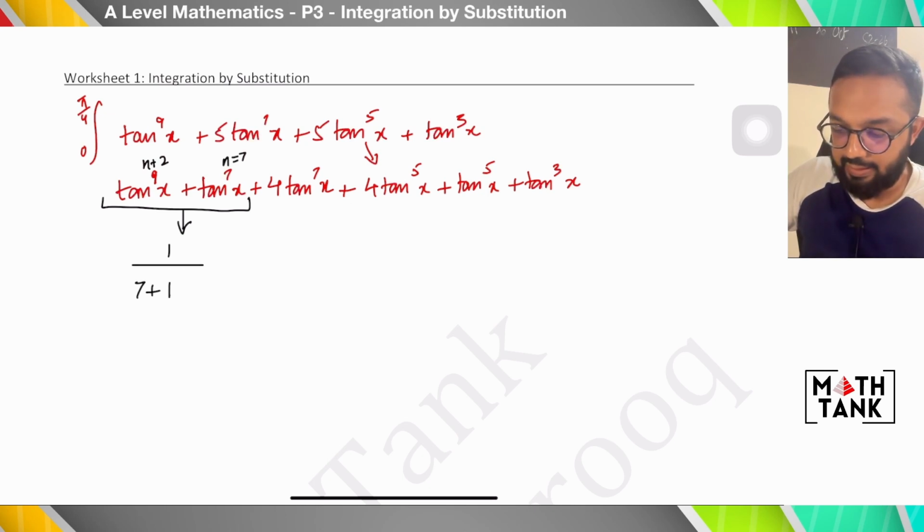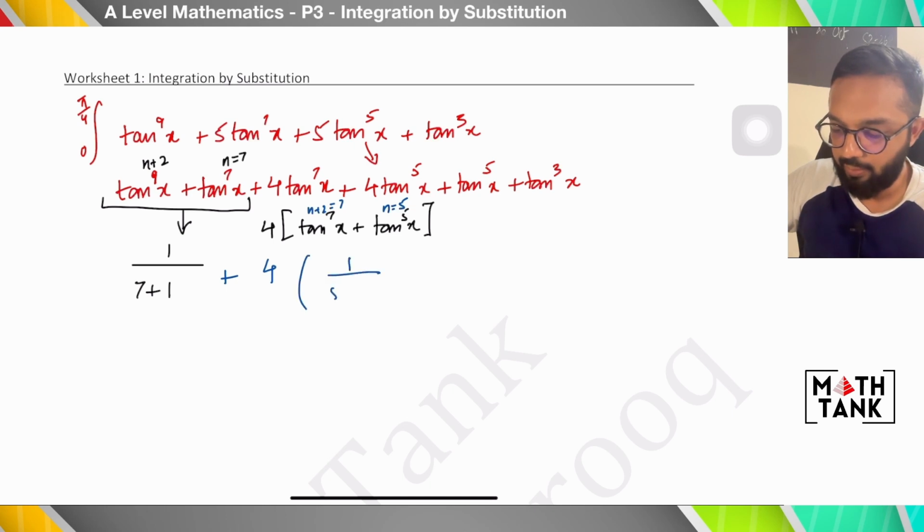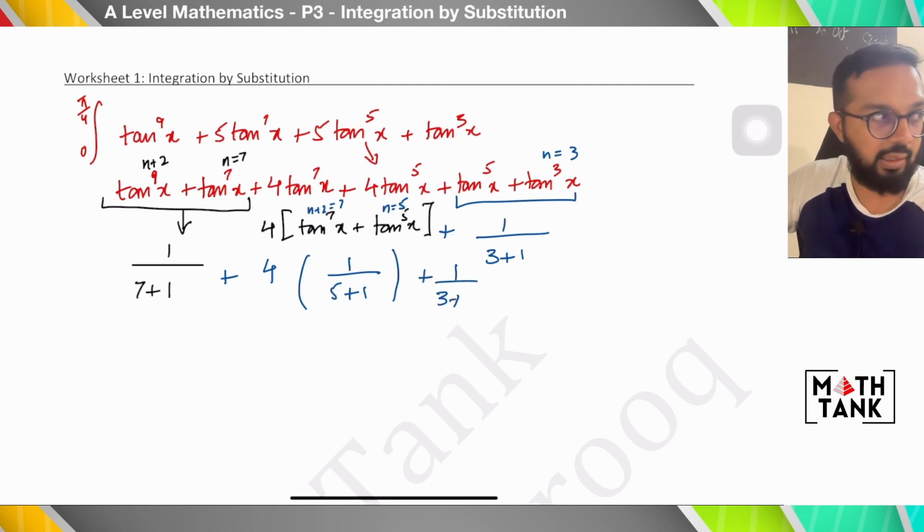Then if I pull out the 4 common, I have tan power 7x plus tan power 5x. Again, I have these terms in this format where n is 5 and n plus 2 is 7. Therefore, this should come out to be 4 into 1 over 5 plus 1. And here n is 3, so this could come out to be 1 over 3 plus 1, which gives me 4.